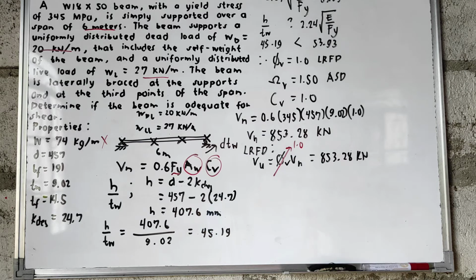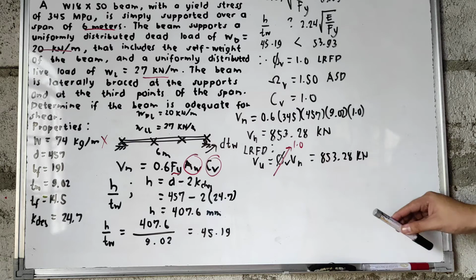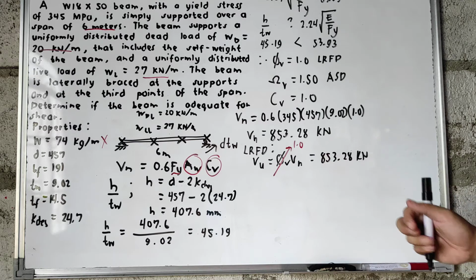So, for us to calculate kung adequate ba yung beam natin, we just need to compare this value to the actual load. So, hanapin natin yung value ng V actual natin dito.